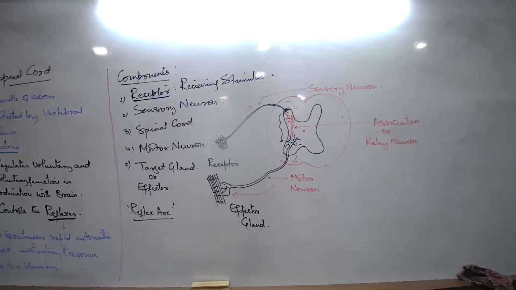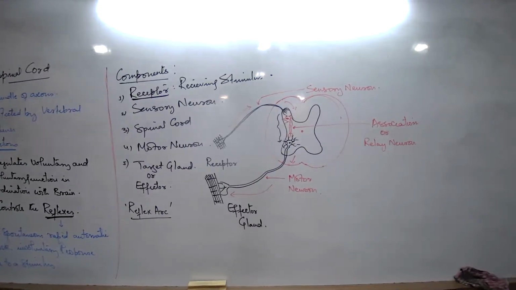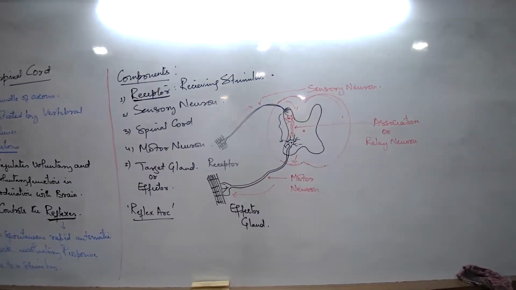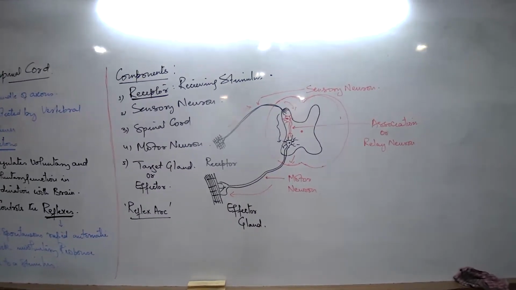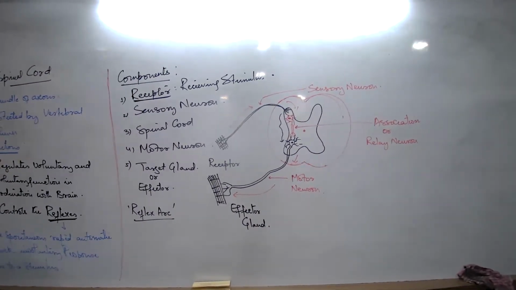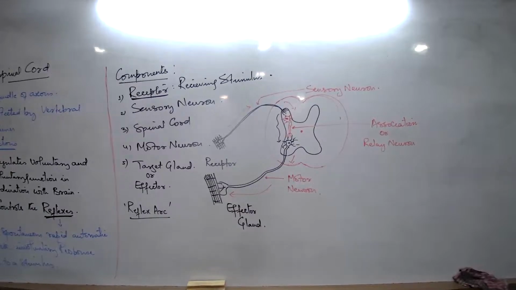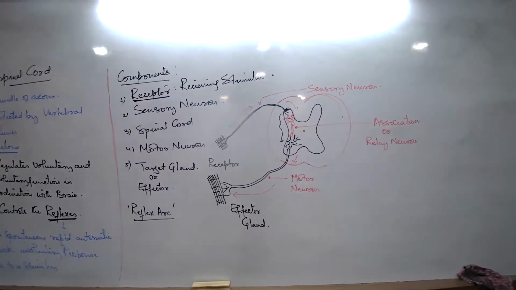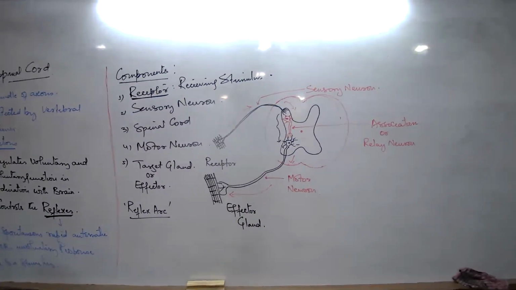But if I ask you to take out your book and start writing, the action need not be that rapid. You may take 2 minutes to pick the book, open up and start writing. Now that you are walking on the road, the action need not be that rapid. So that's the reason the spinal cord together with the brain does the job.